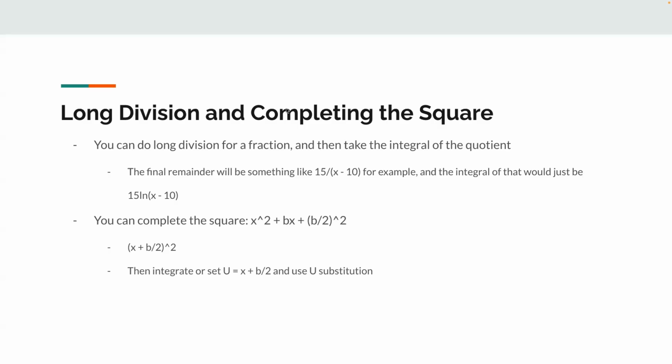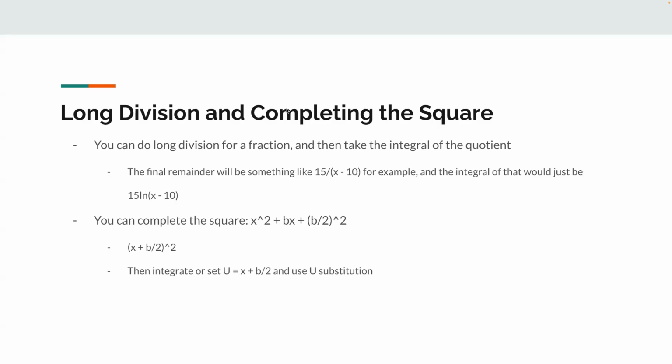We can also complete the square to help us take the integral. Completing the square is just x squared plus bx plus (b over 2) squared. That'll be the form. And then when we complete the square, it'll just be (x plus b over 2) squared. We still have to make sure we don't change the function.